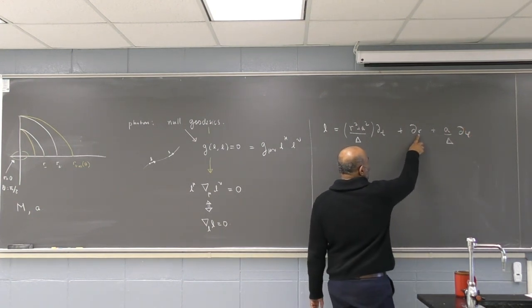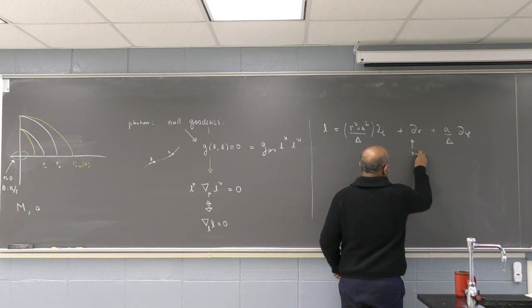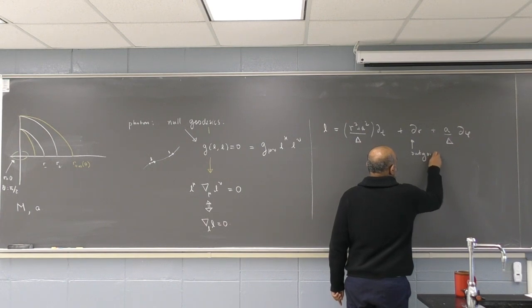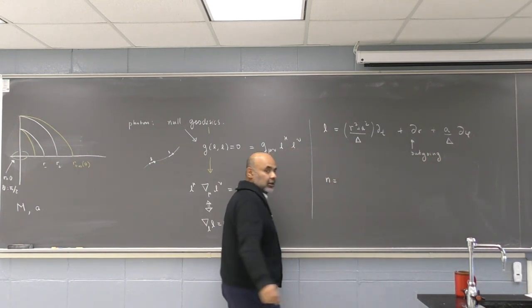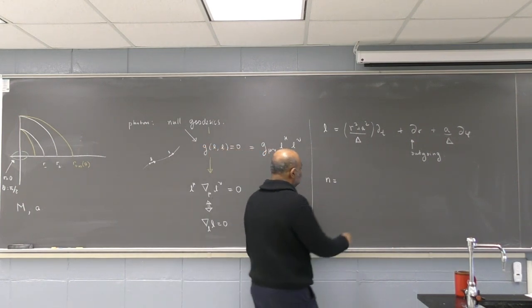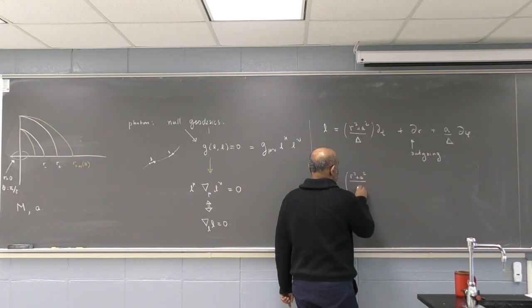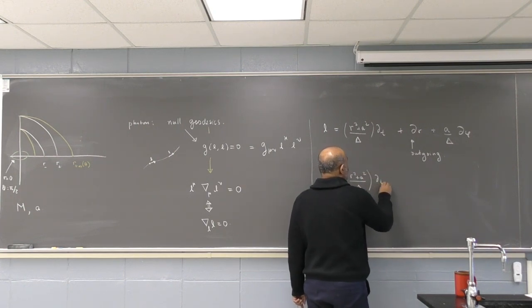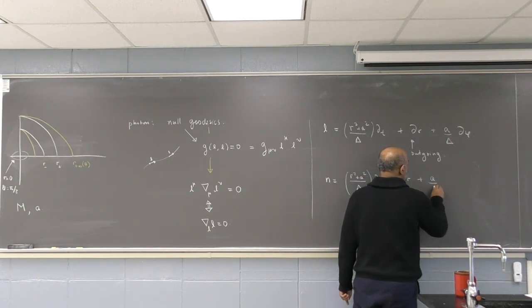This, the radial component is positive, so this is outgoing. And it has an infalling cousin as well: minus dr plus a over delta d phi.